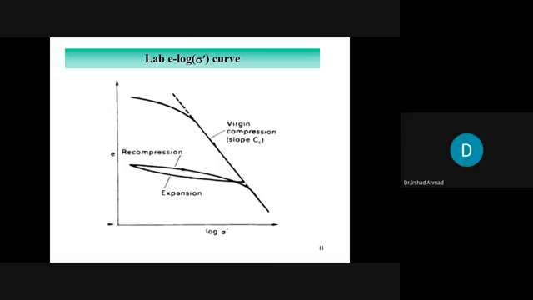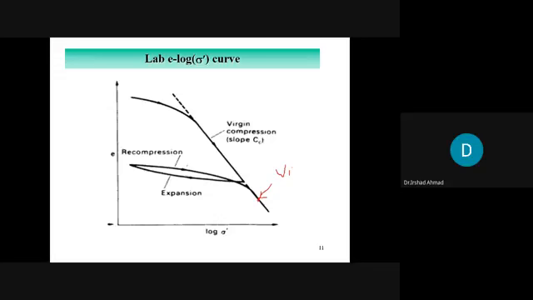That's why we call this virgin compression. Why do we call this virgin compression? Because the soil at this point is subject to the maximum pressure, that is greater than any past pressure.